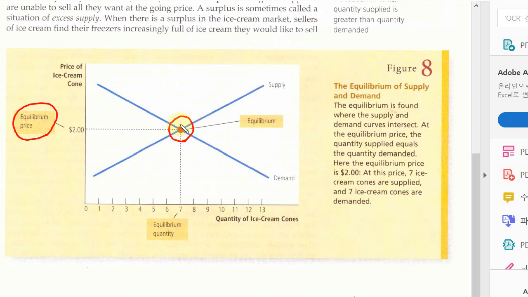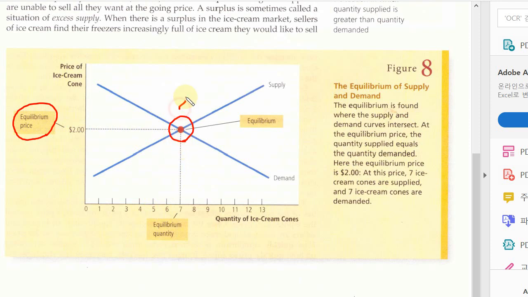This is the equilibrium price point. So this point is very important.